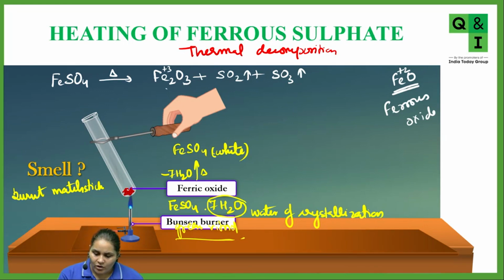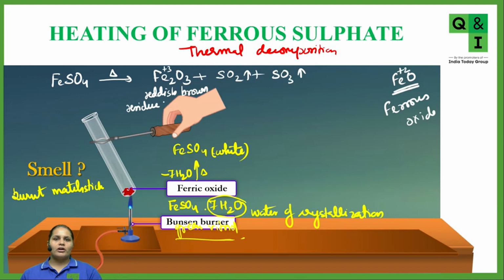Now the ferric oxide gives a reddish brown residue. I am calling it residue because it is something left behind. It's not a precipitate, which is formed when you mix two solutions. It is a leftover thing after decomposition.